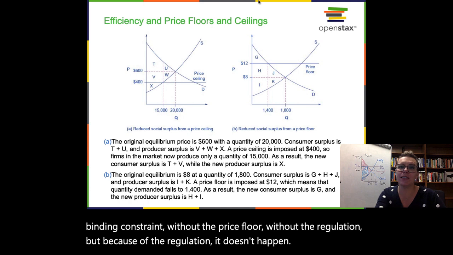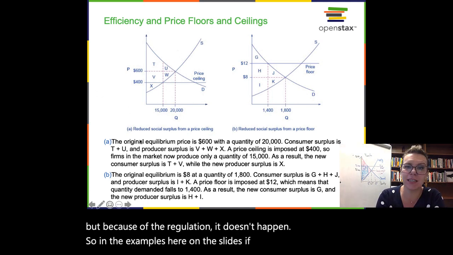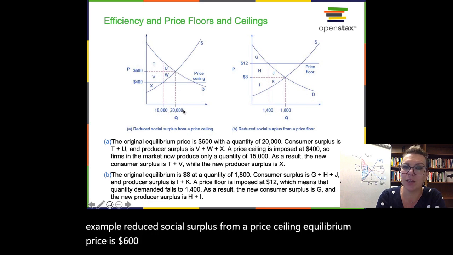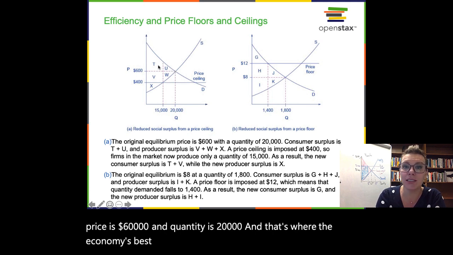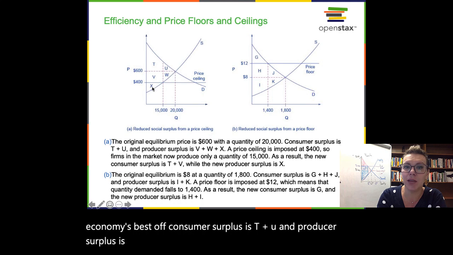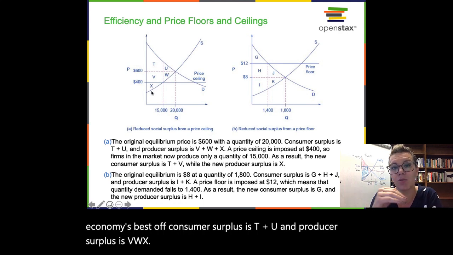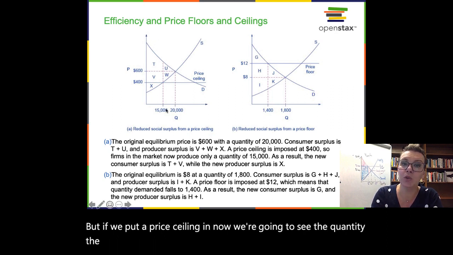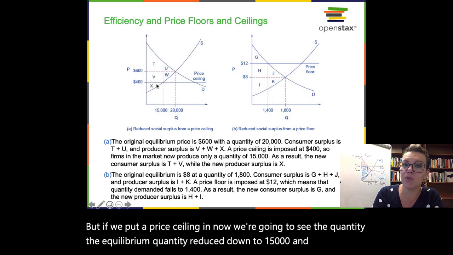So in the examples here on the slides, if you look at this first example, reduced social surplus from a price ceiling, equilibrium price is $600 and quantity is 20,000. And that's where the economy is best off. Consumer surplus is T plus U, and producer surplus is V, W, X. But if we put a price ceiling in, now we're going to see the equilibrium quantity reduced down to 15,000, and the price is going to be this 400.